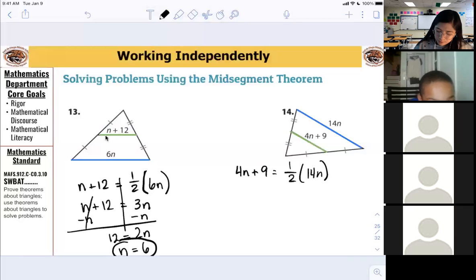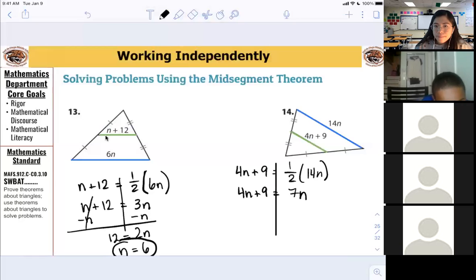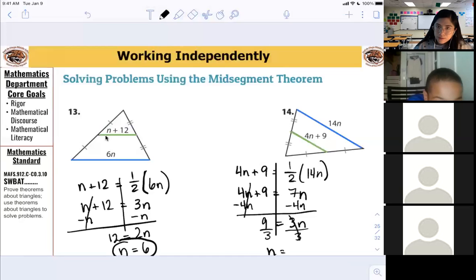Okay, easy. What's half of 14? Good, 7n. Now what? Minus 4n. What's 7 minus 4? 3. And I divide both sides by 3. I get n equals 3.